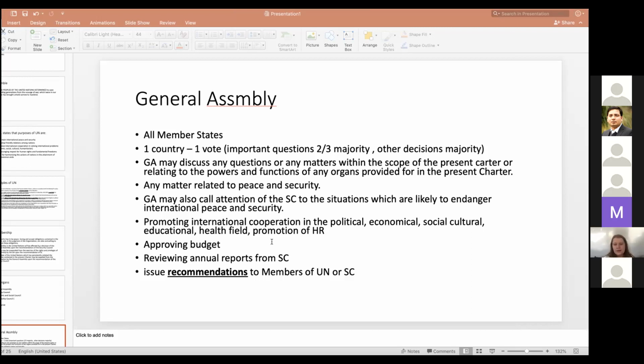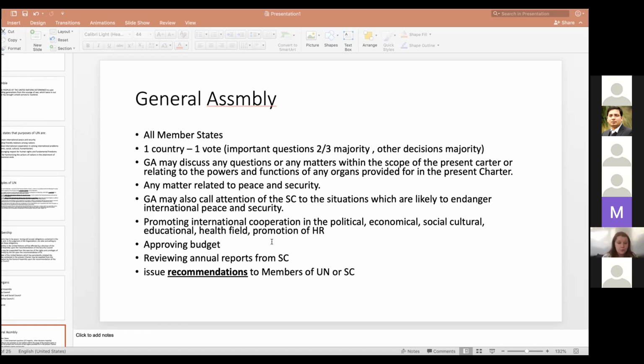The General Assembly can discuss any matter related to peace and security, and might also call the attention of the Security Council to situations which are likely to endanger international peace and security. It is also responsible for promoting international cooperation in the political, economic, social, cultural, educational and health fields, and, of course, promotion of human rights.